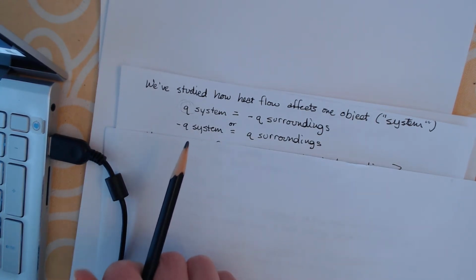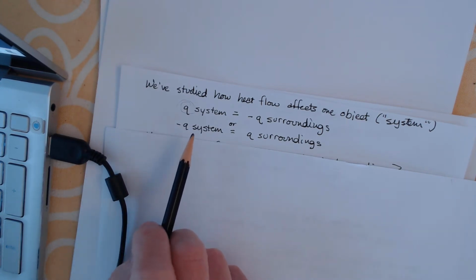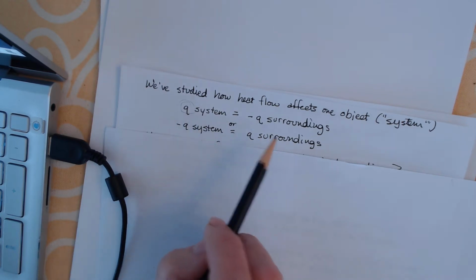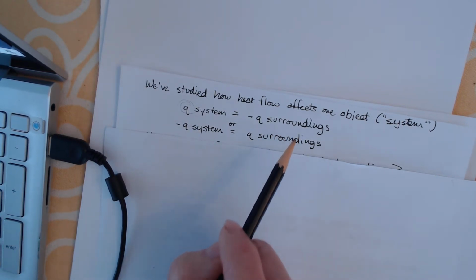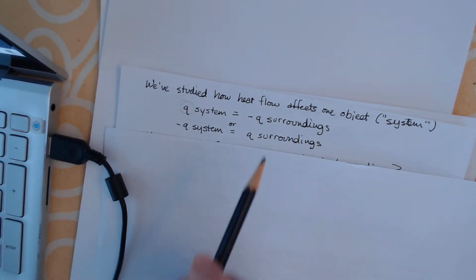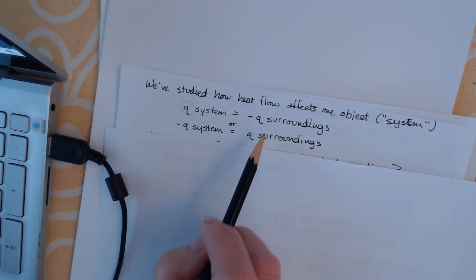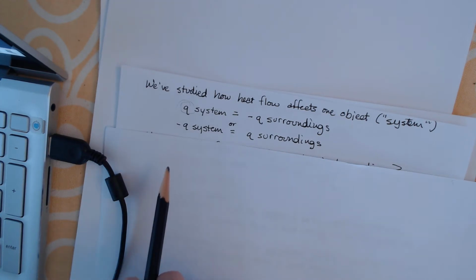And we've said in a very technical sense that whenever one thing loses energy, the other thing gains heat energy. So our thermal energy is being transferred from our system to our surroundings or from our surroundings to the system, depending on what is particularly happening in that instance.